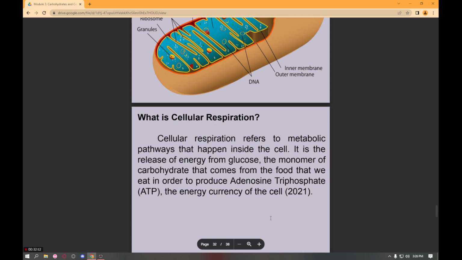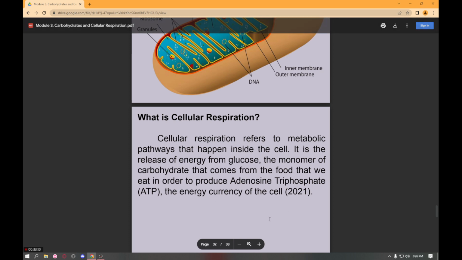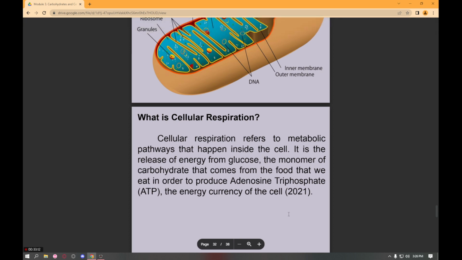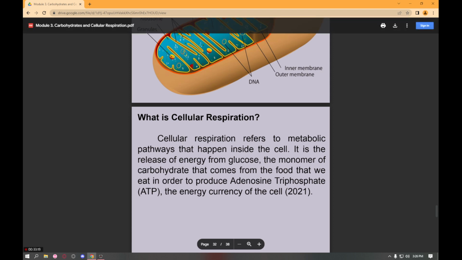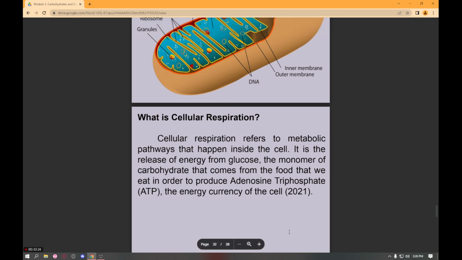It is the release of the energy from glucose, the common monomer of your carbohydrate, which comes from the food that we eat in order to produce your adenosine triphosphate. So if you remember our discussion, your glucose came from the food that we ate, which means that cellular respiration is performed through the presence of food that we eat.